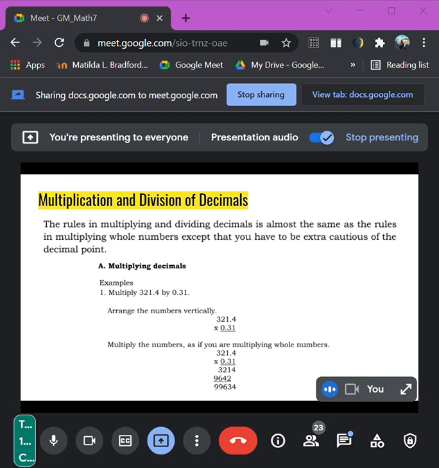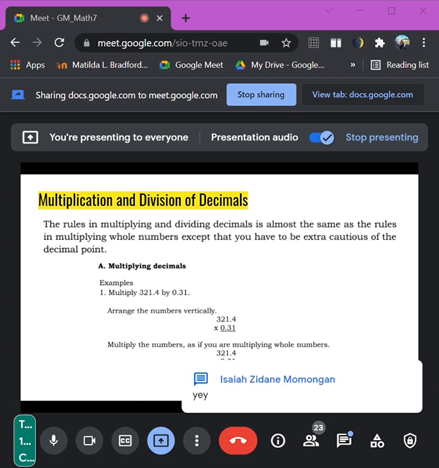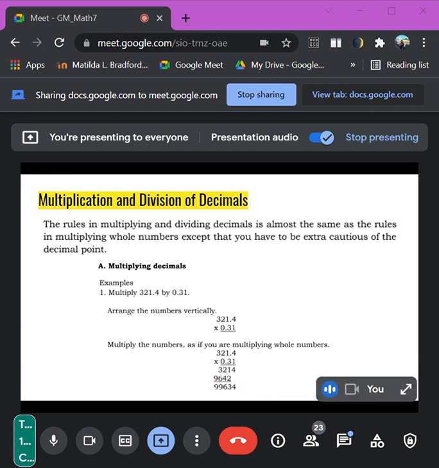Kaya na ninyo siya karon. Di na dapat kahilaw. Kung naglibog pa ka, you can still study lang or find time lang nga masink in siya sa imong utok.